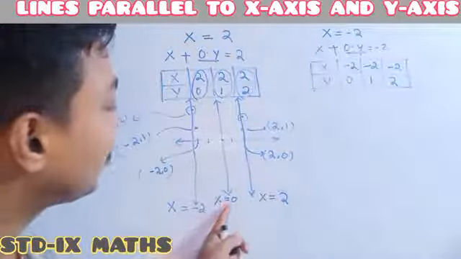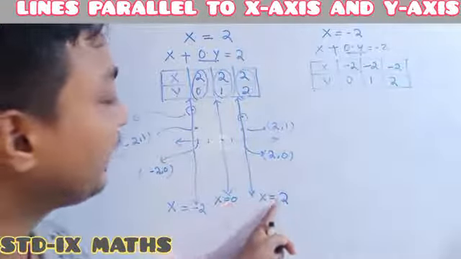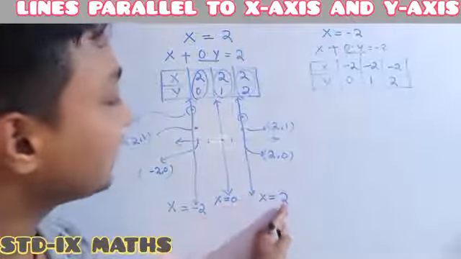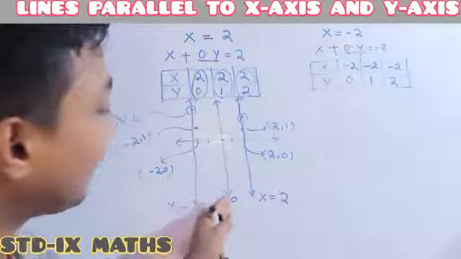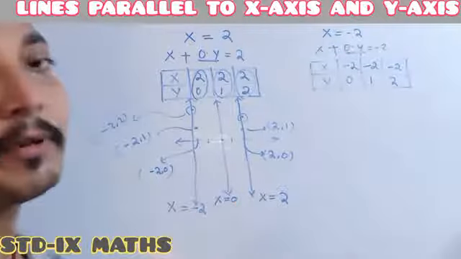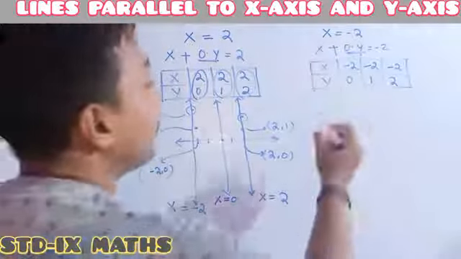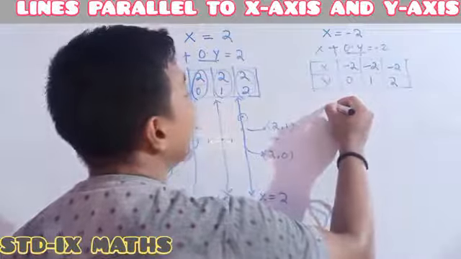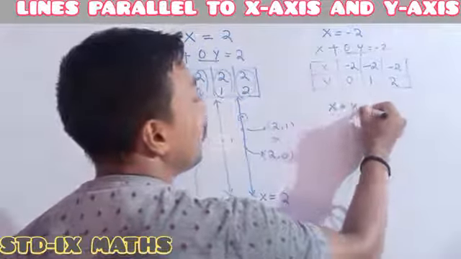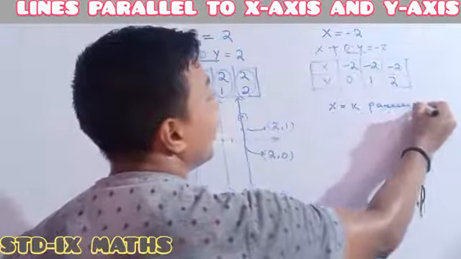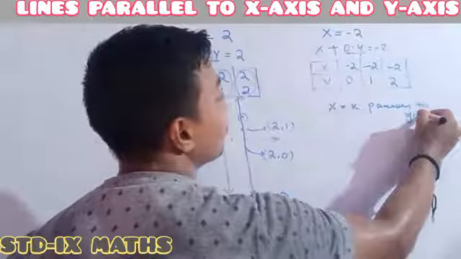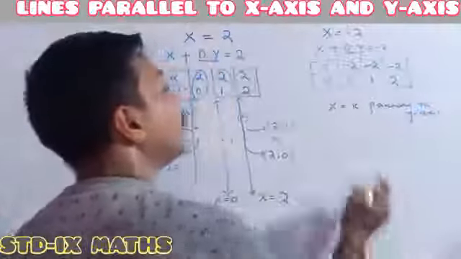x is equal to 0 is the y-axis, x is equal to 2 is parallel to the y-axis at 2 units to the right side. Whenever x is equal to minus 2, it is parallel to the y-axis at a distance of 2 units to the left side. So the normal one you just have to remember: x is equal to k is always parallel to the y-axis.